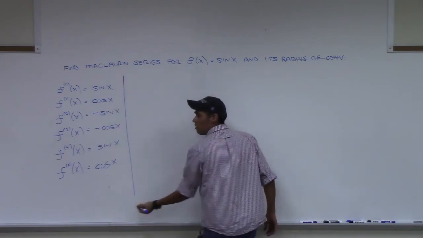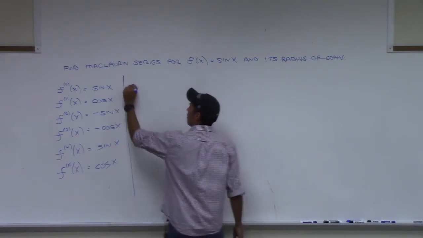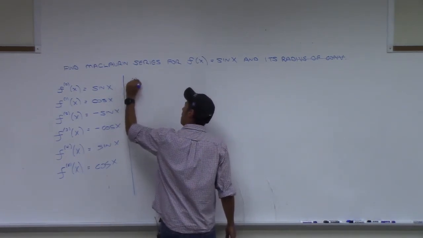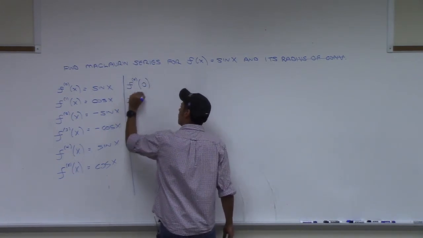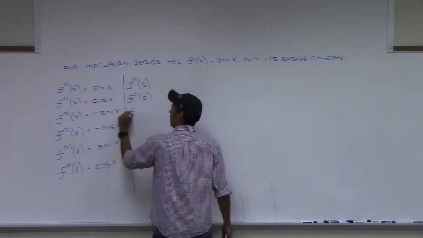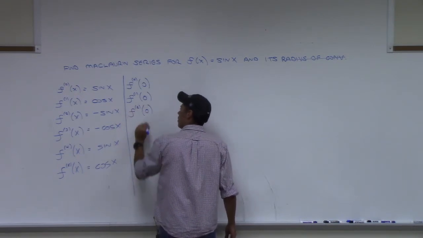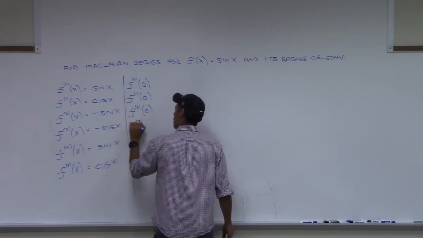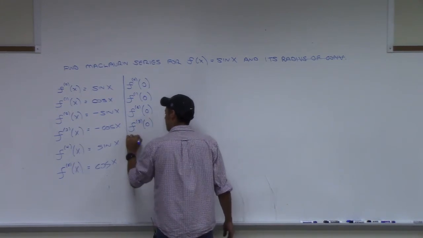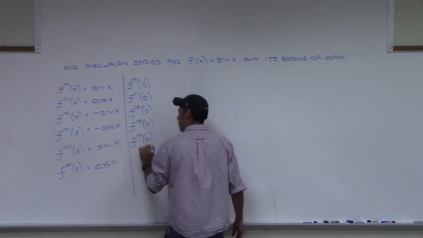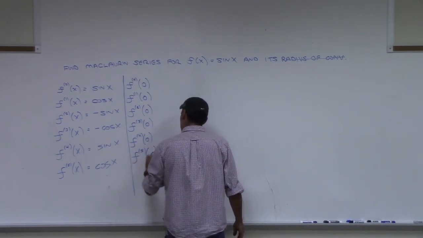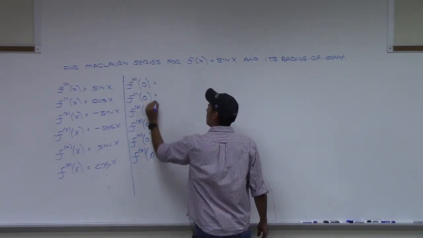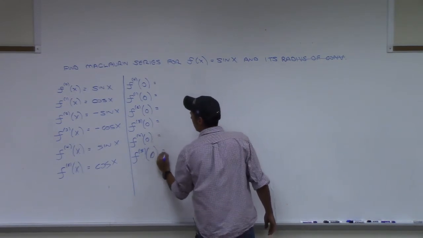Now what I need are the derivatives at what value? At 0. Why 0? For Maclaurin at 0. Okay? We're going to get a repetition here, aren't we?